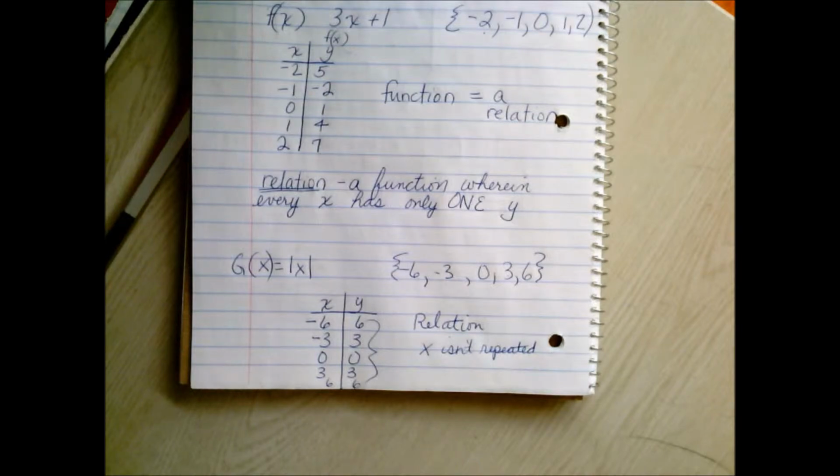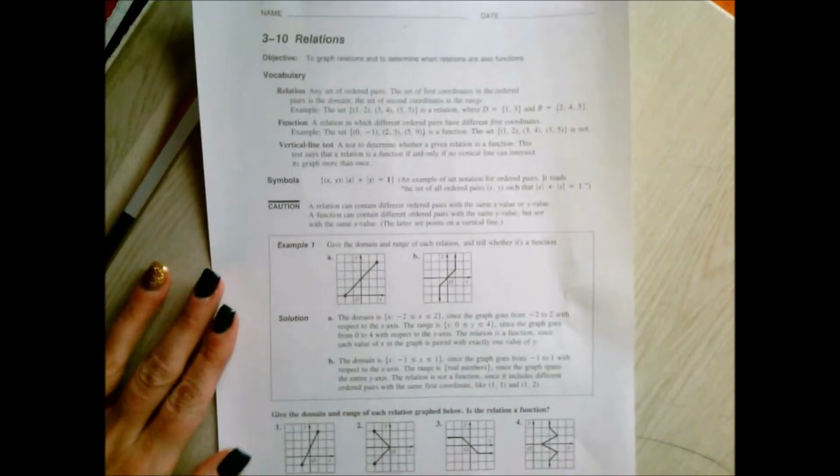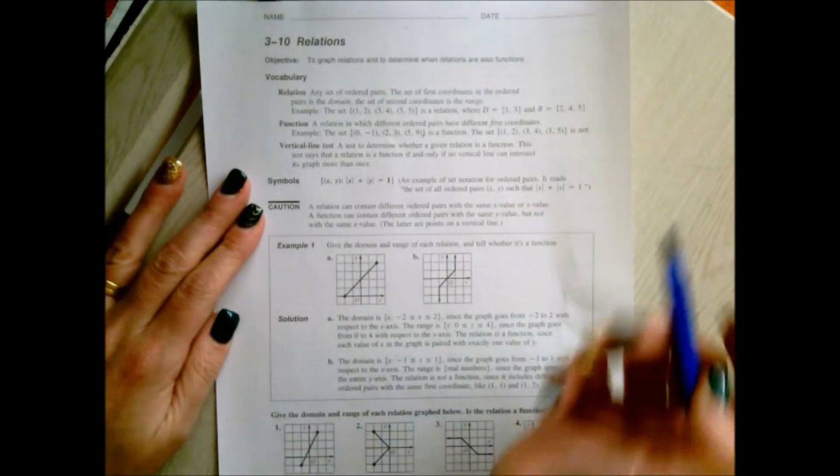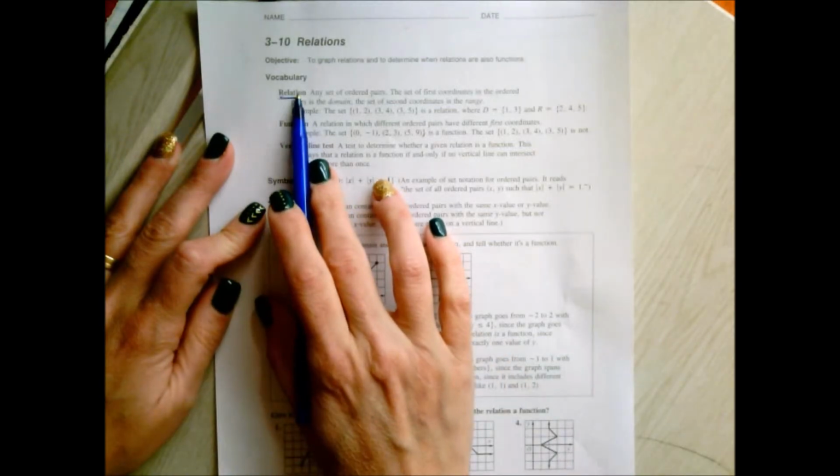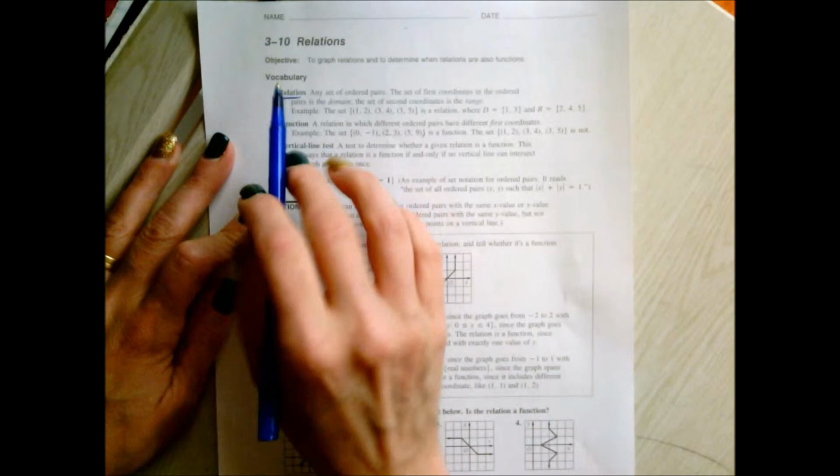Now, let's grab our worksheet, all right? Grab your worksheet. I'm going to switch to my worksheet, okay? So they give you some of the same definitions that I had in the book. A relation, just remember that, I'm sorry, I'm saying this backwards.